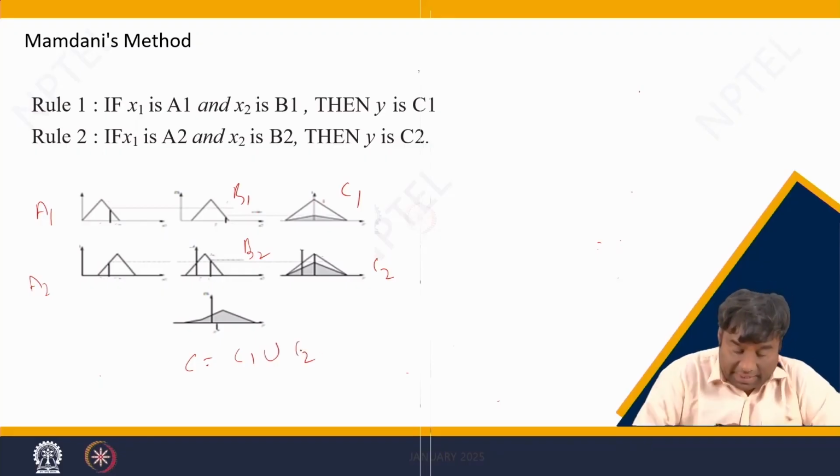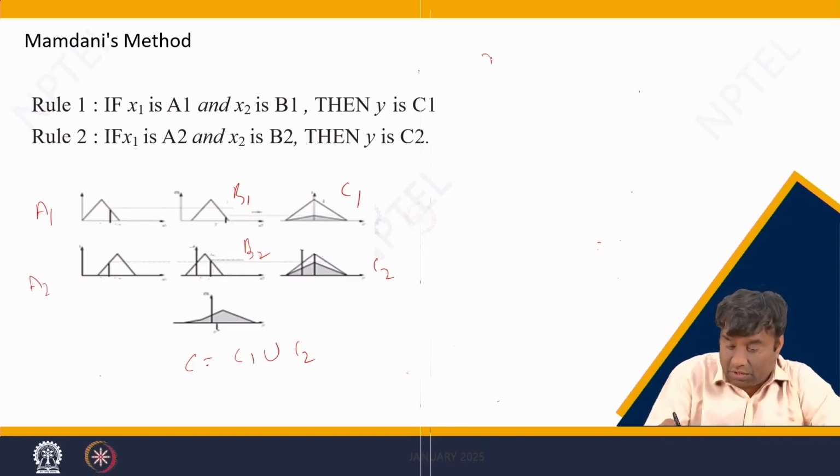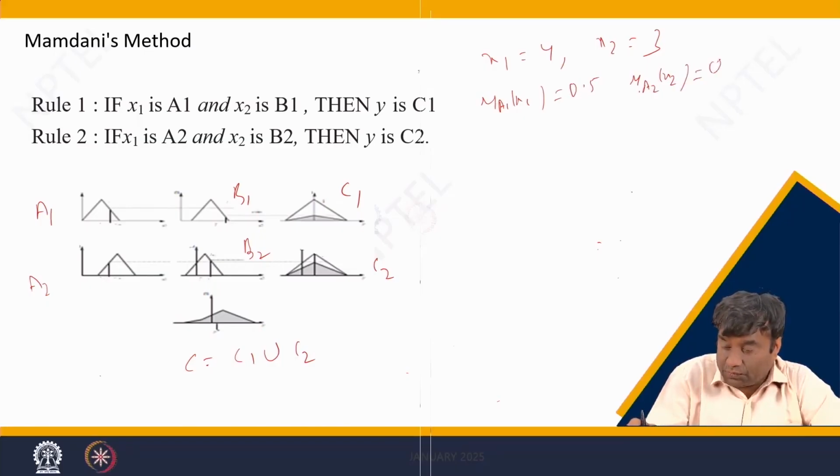So here take one example. Suppose this is some fuzzy set. If I give some value here, you will find the membership functions. So we assume that x1 equal to 4 and x2 equal to 3. So mu A1(x1) is equal to 0.5, mu B1(x2) is equal to 0.2.